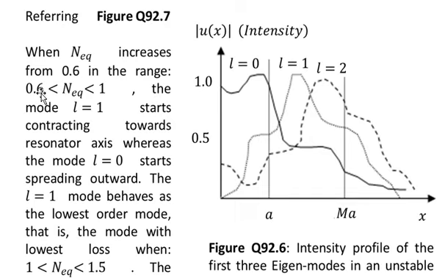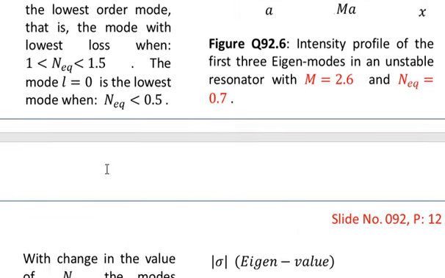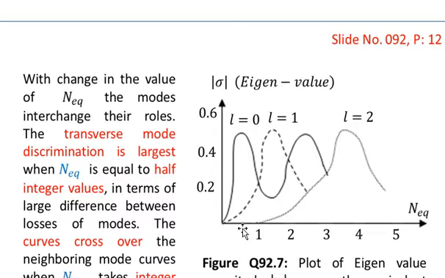So you see that in this region, from 0.6 to 1, the peak of the L equal to 0 mode occurs at 0.5, and after that, from 0.6 onward, it is moving away from the resonator axis because its value is going to fall.